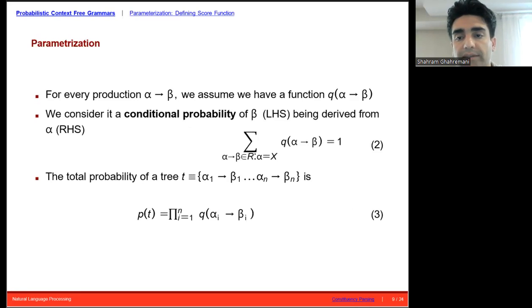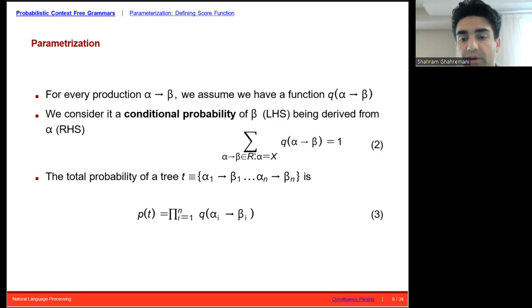To parameterize a probabilistic context-free grammar, what we are going to do is assume that for every production, we have some function Q that tells us the conditional likelihood of having that derivation. So we are going to condition on the left-hand side, and then we are going to ask what is the probability that left-hand side turns into the right-hand side.